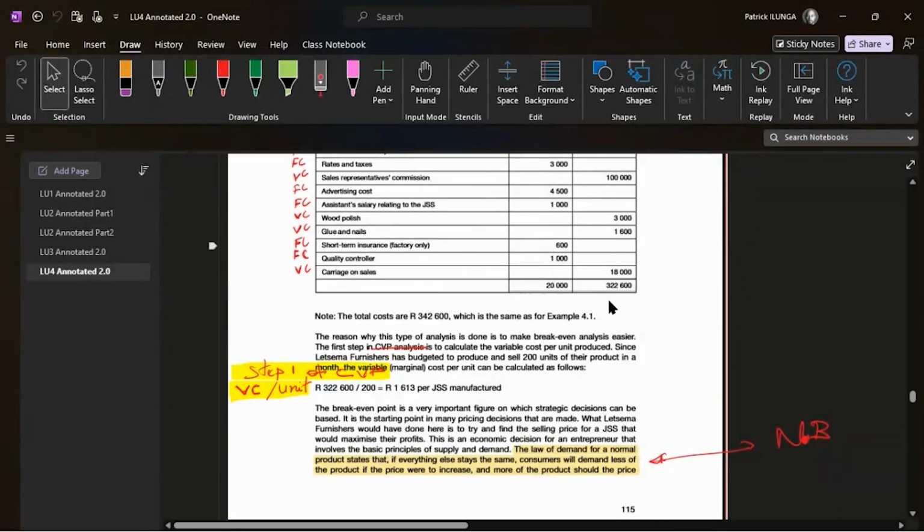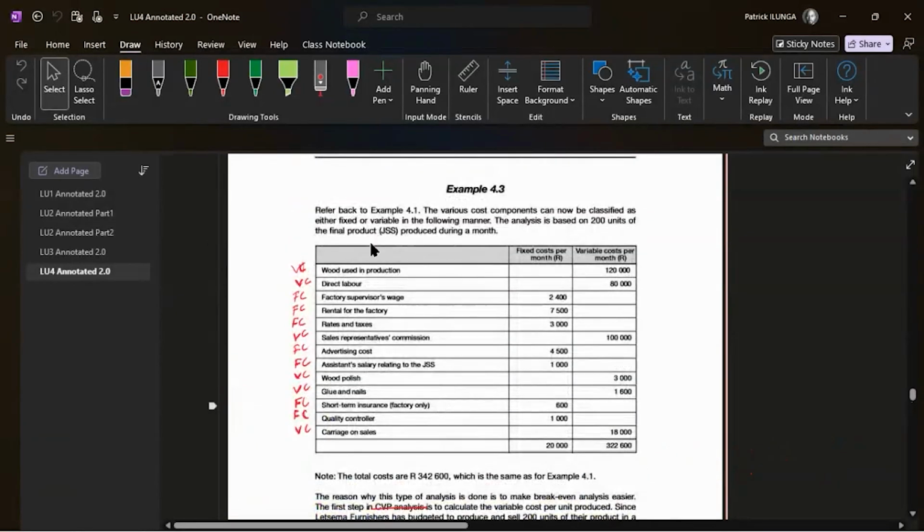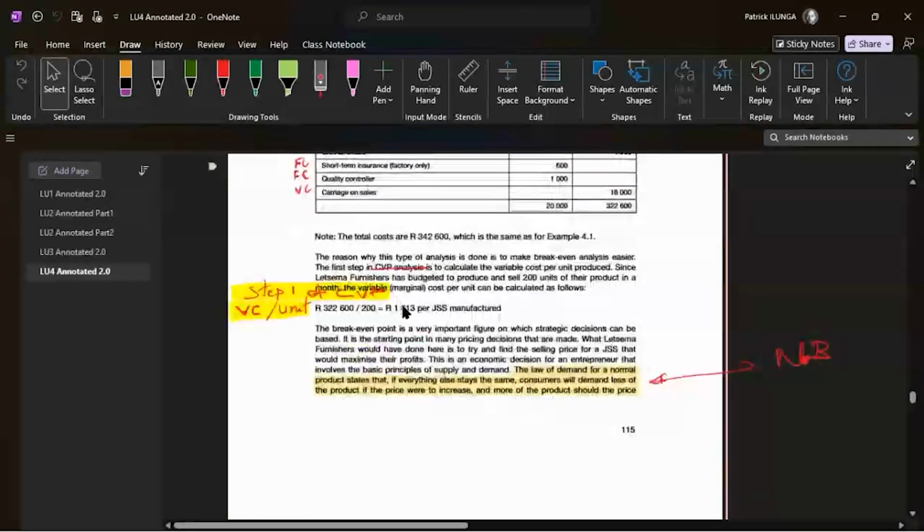Now we have the variable cost. How are we going to find the variable cost per unit? How many units are we producing? Based on 200 units. So we take the total variable cost divided by 200.